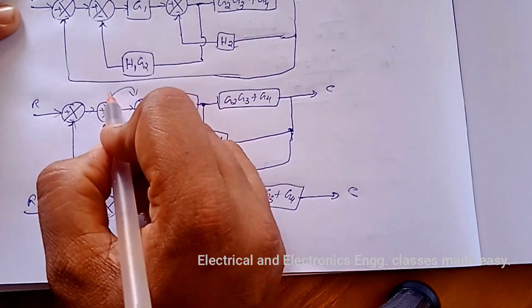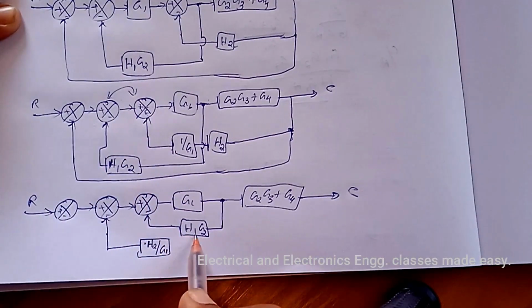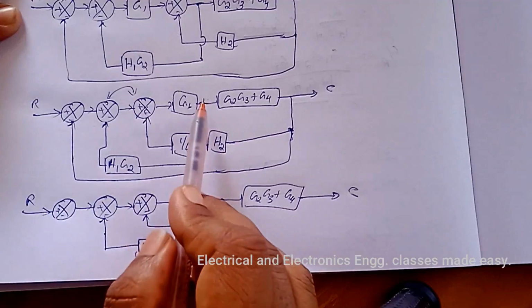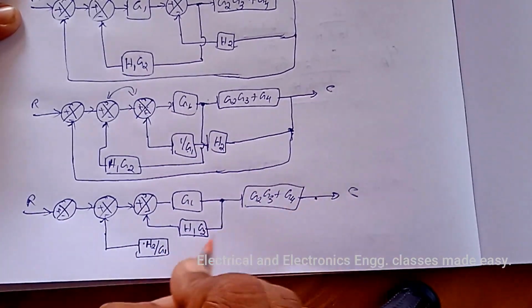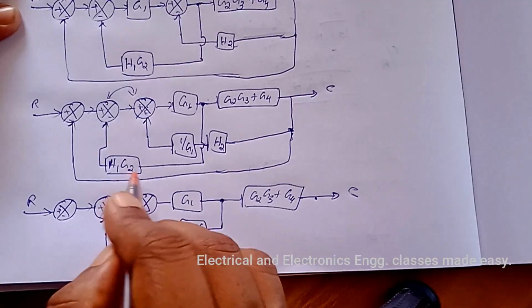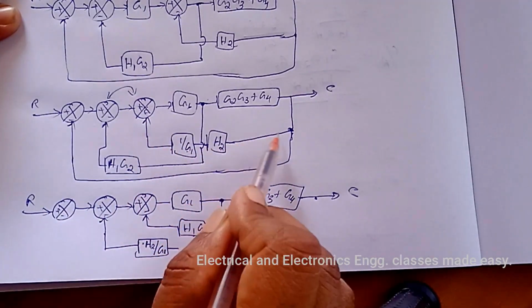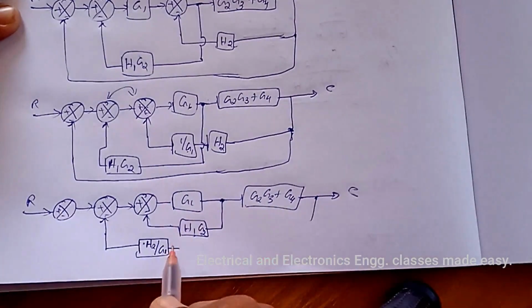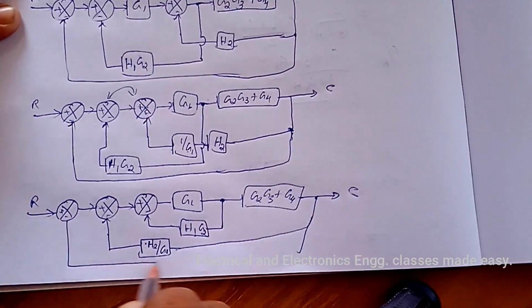So this is H1 G2 and which is connected to this point, and from here, and this H2 is connected to here. So we can connect like this, and this feedback path is there.